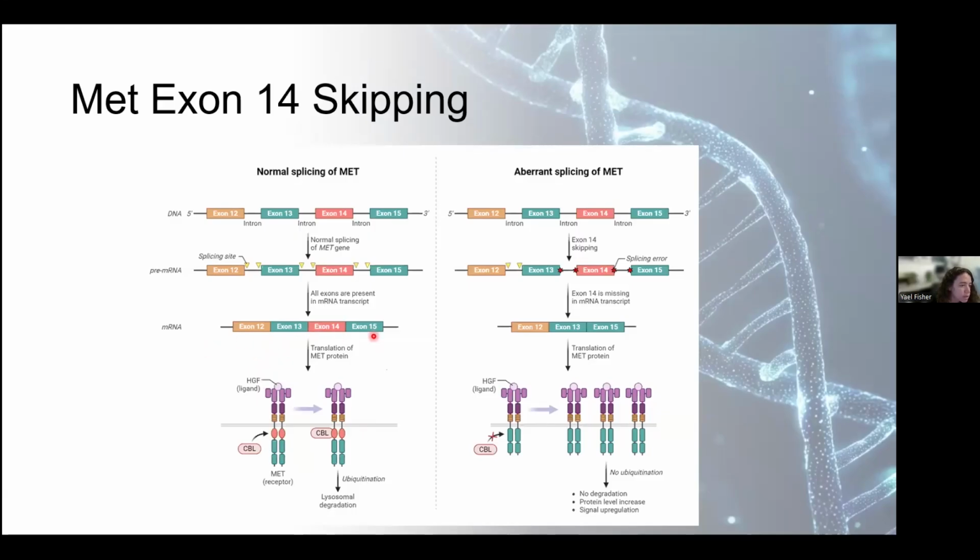Each one of these has a different functional significance, and exon 14 encodes a domain of the MET protein that is called the CBL binding domain.